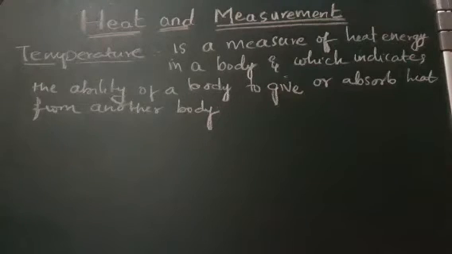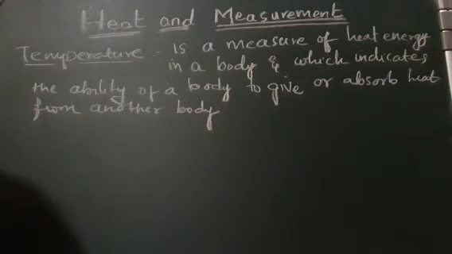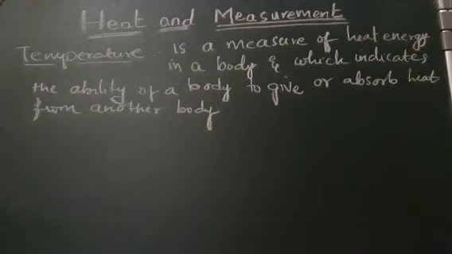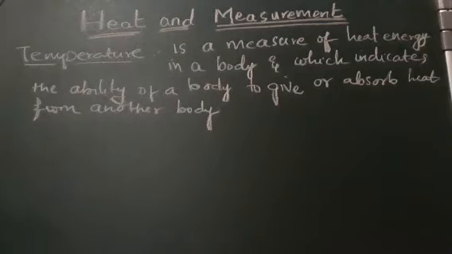Temperature is a measure of heat in a body, which indicates the ability of a body to give or absorb heat from another body. So as we have come to know what temperature is, we are going to know how much the temperature is by using the thermometer.